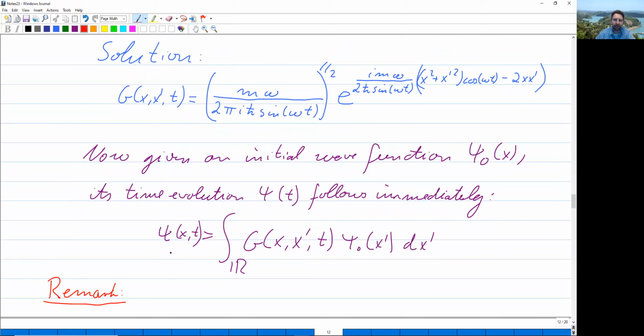And the remark is that at time tq for t quarter period equal to pi over 2 omega, i.e. omega tq equal to pi half, something is special.